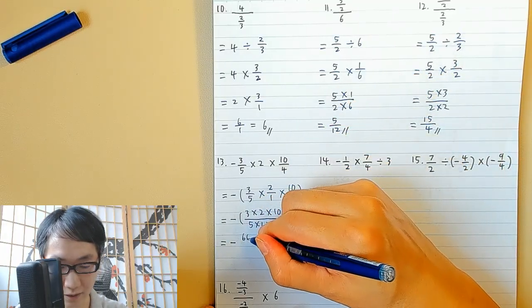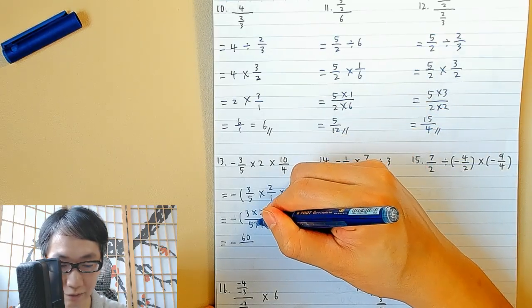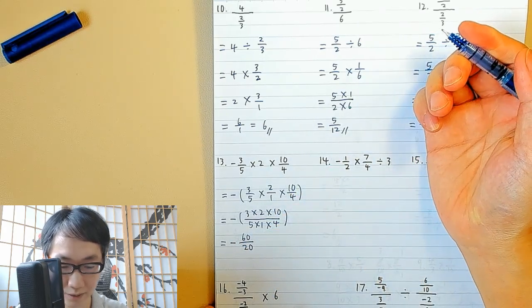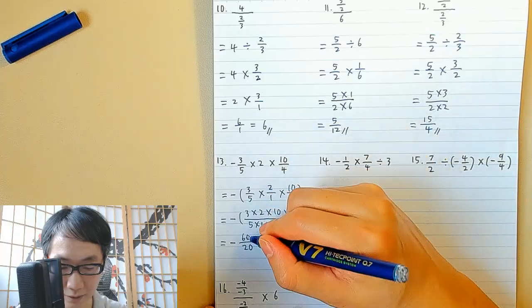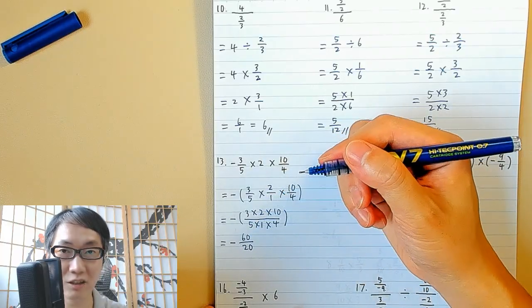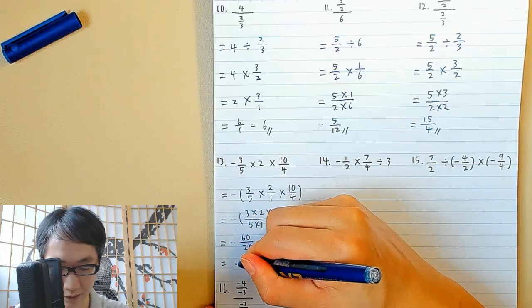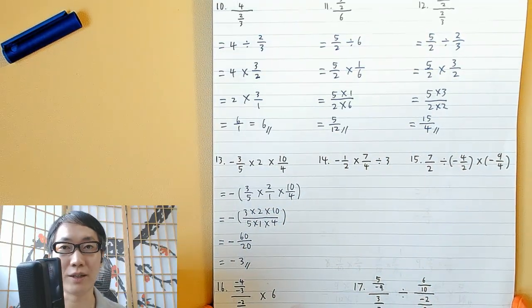So 60 over 5 times 1 is 5. 5 times 4 is 20. Alright. Then they have a common factor of 20. Or this is a division. 60 divided by 20 is 3. So this is negative 3.